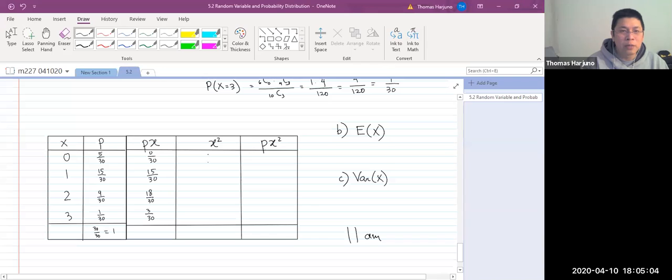So this will be 0, 1, 4, 9 multiplied by the probability. This will be 0 here. This is 15 over 30, 36 over 30, 9 over 30, which when I add, let me add this first.